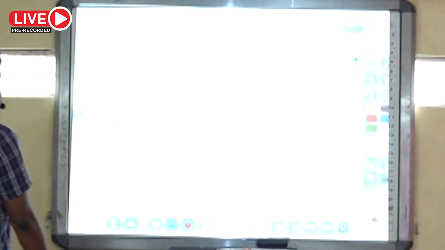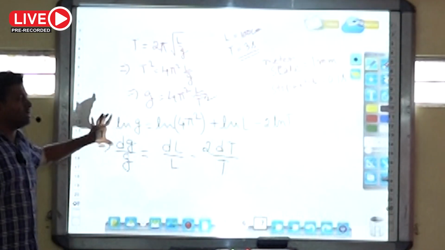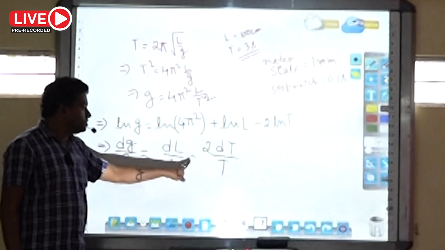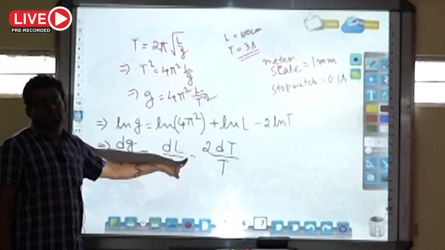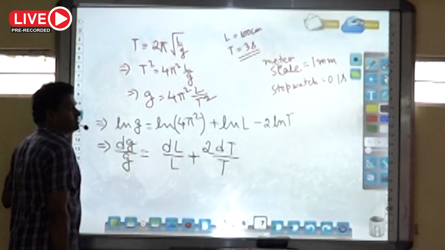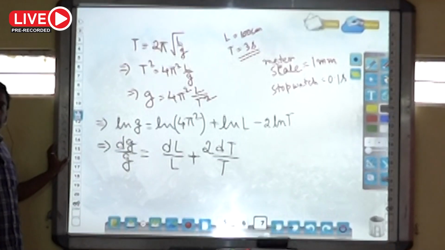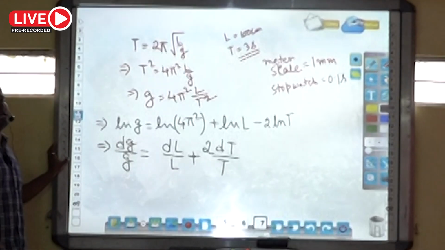So maximum error can be calculated by considering the mod value of all the errors, meaning all signs should become positive. Then this expression will give you the maximum proportional error once you take the mod value and add. That is the maximum proportional error. Now you can calculate.